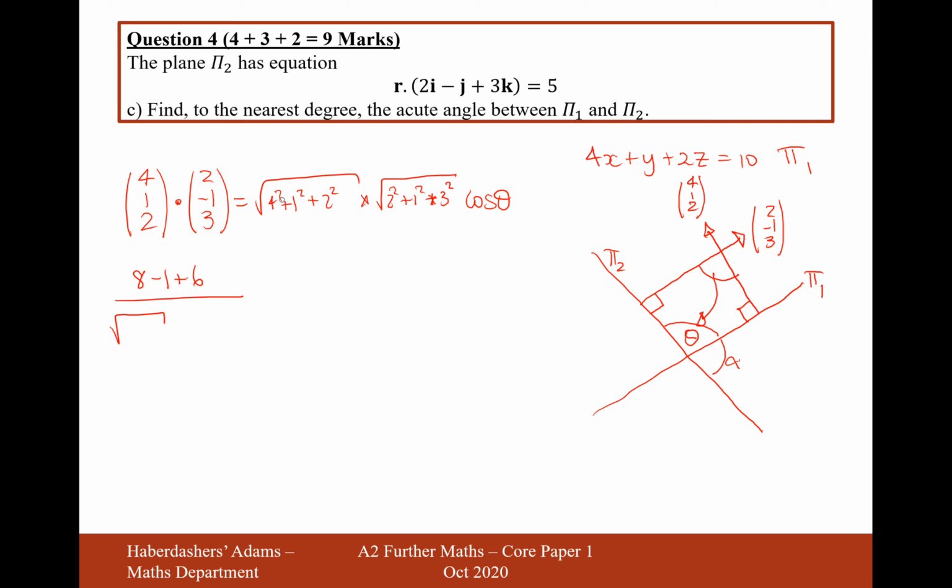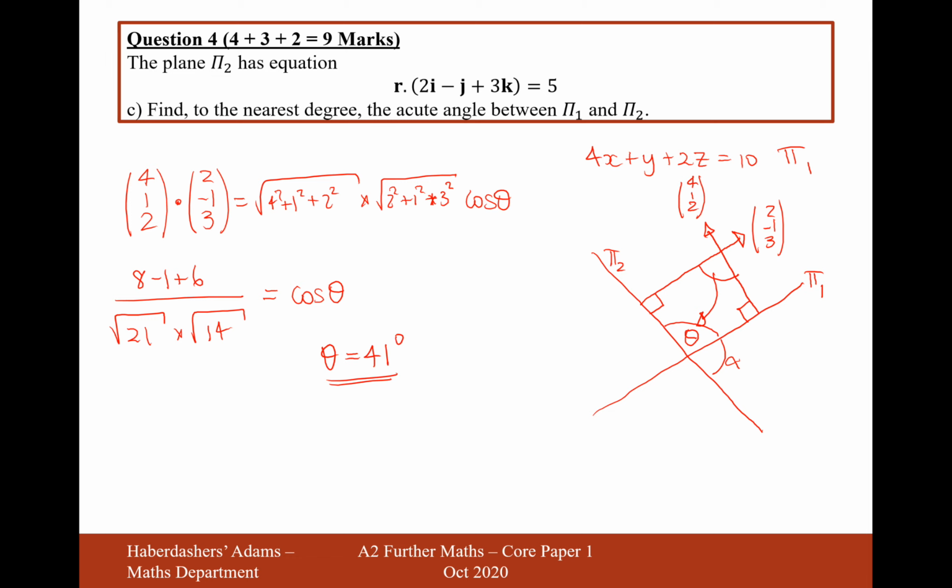So it's going to be the square root of 21 times the square root of 4 plus 1 is 5 plus 9 is 14, equals cos theta. So let's now do cos inverse of this value to the nearest degree, and that will give us theta equals 41 degrees.